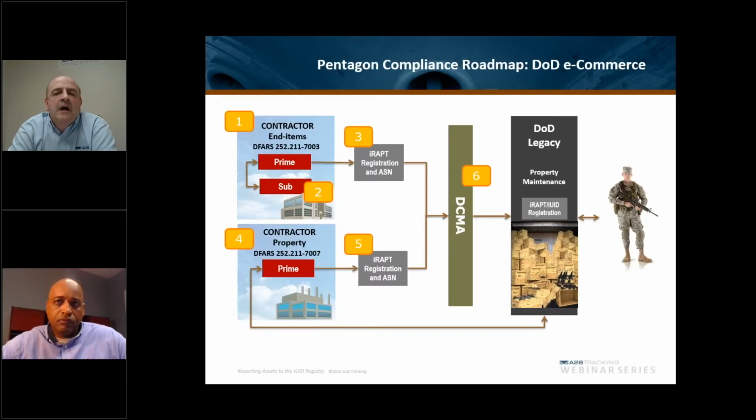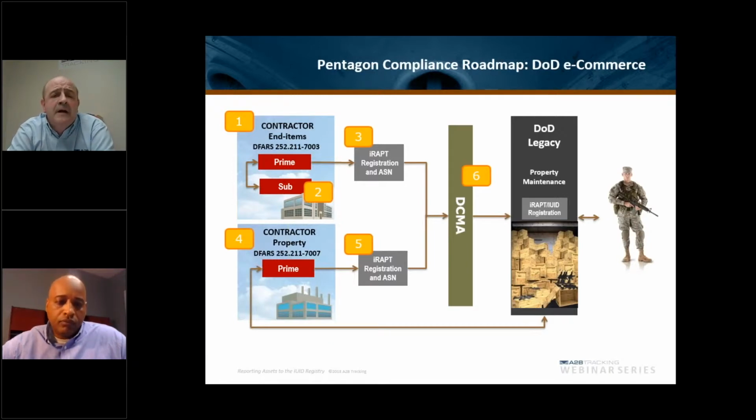Well, you want to look in your contract for DFARS 252.211-7003. That's the marking requirement, so every asset that you're supplying to the government as a prime contractor would need to be marked with an IUID, a unique identification tag.